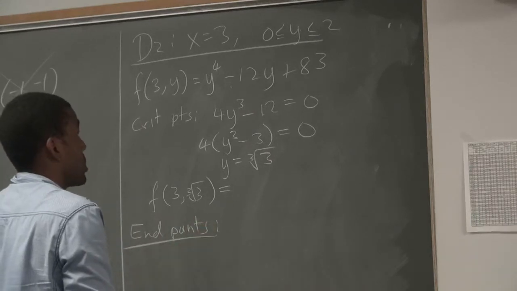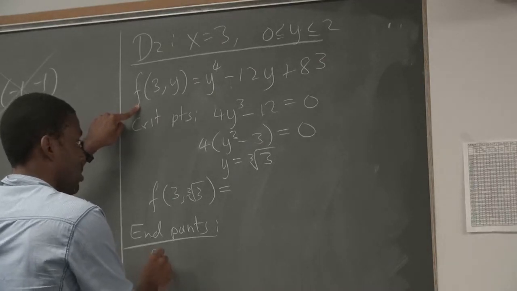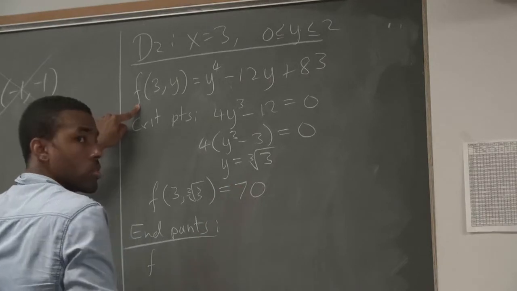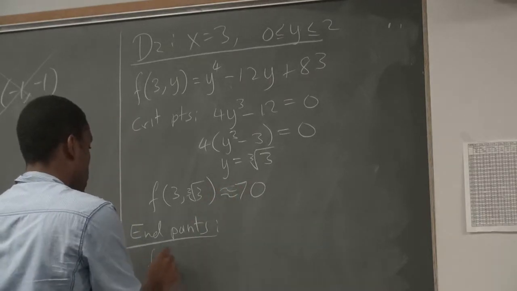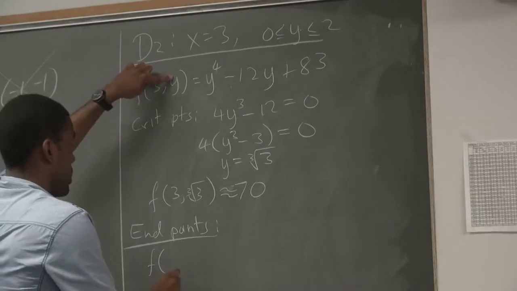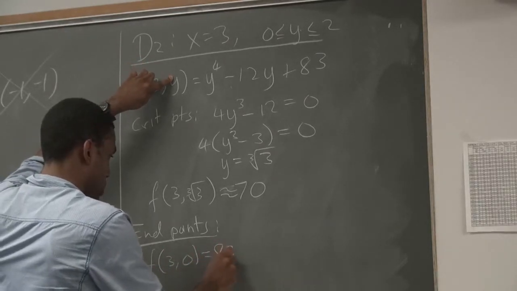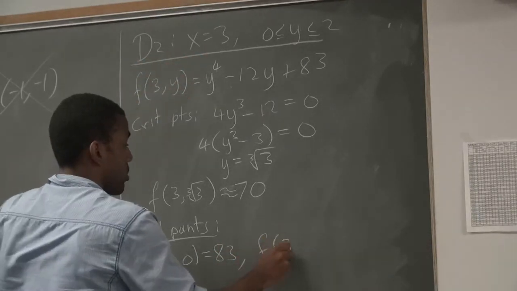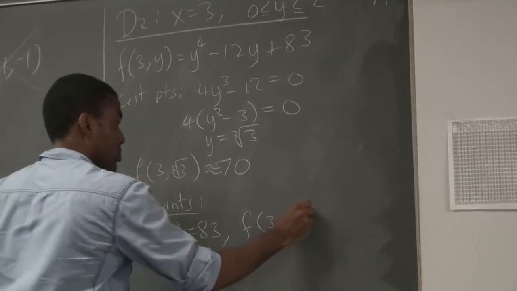So for the endpoints, I need y equals 0. Approximately 70. Okay. And then now I test the endpoints when y is 0. This gives me 3, 0, which I feel like I tested before. When y equals 2, I get 3, 2. And that was what? 75.